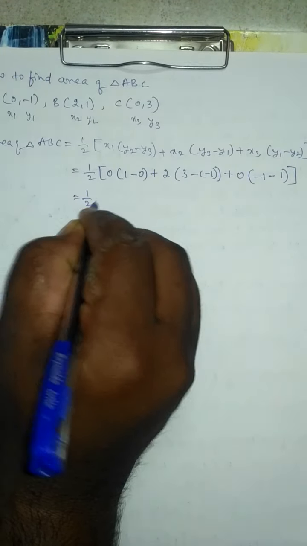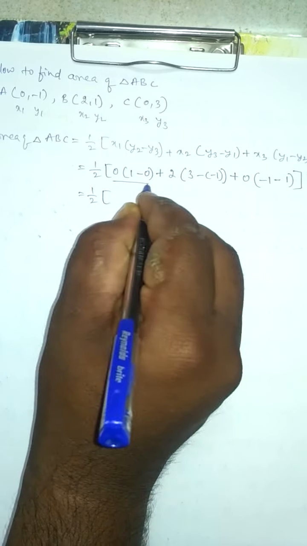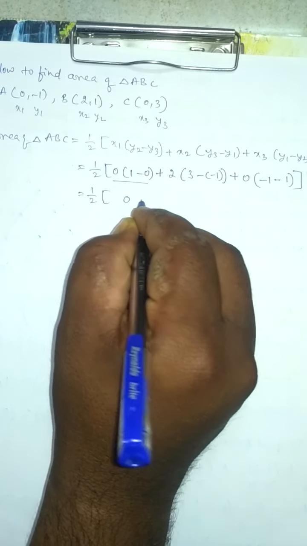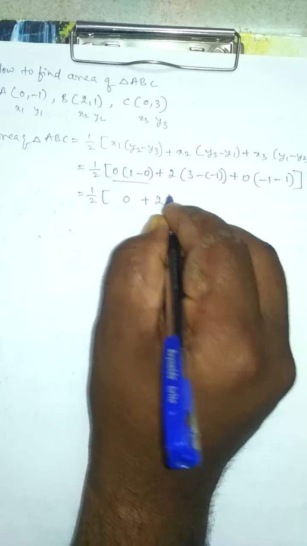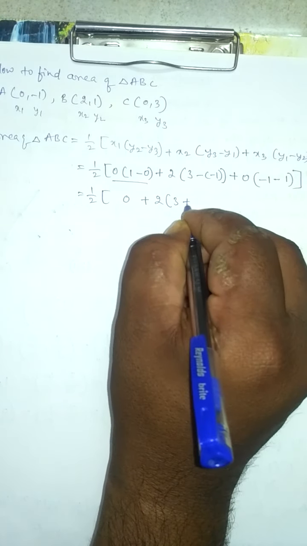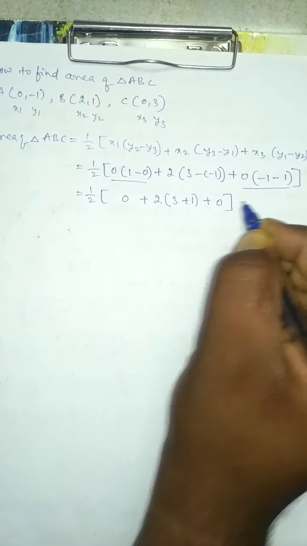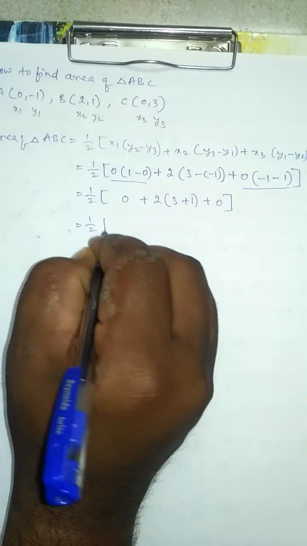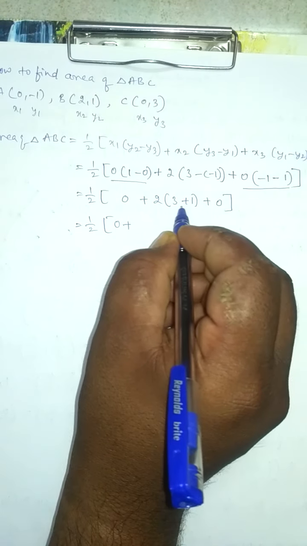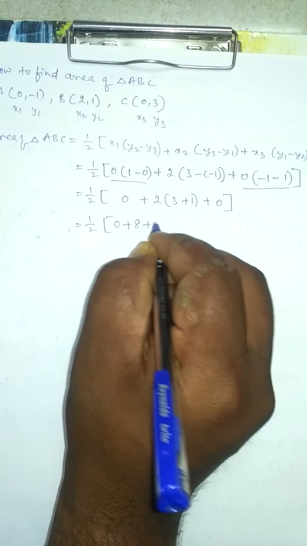So this is equal to half into 0 into any number is 0 only. So this entire term becomes 0, plus here this 2 I am writing as it is, 3 also I am writing as it is, minus into minus plus 1, plus 0 into any number is 0 only. So this entire term becomes 0. So then this is half into 0 plus 3 plus 1, 4. 4 2s are 8, plus 0.